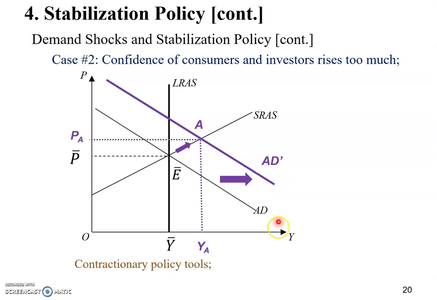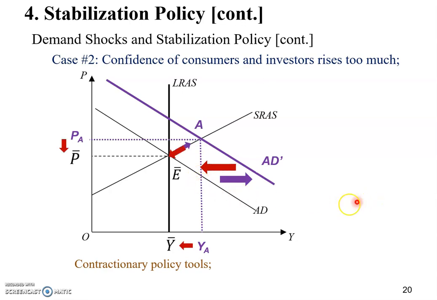Now, in this case, of course, the government could use contractionary policy tools. They can lower government spending, increase taxes, or decrease the money supply. If these policies are effective, we're going to see the AD prime shifted back to the original position.